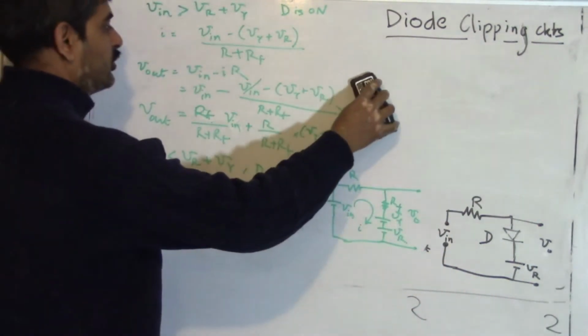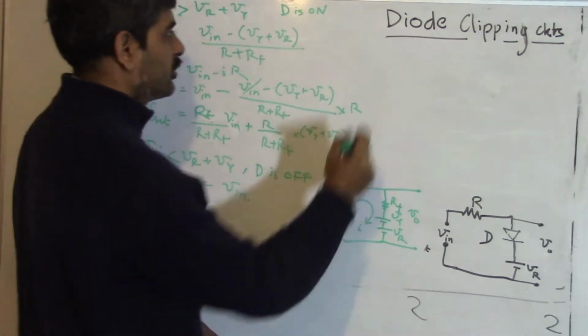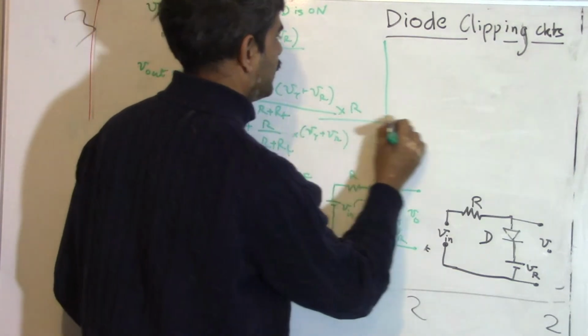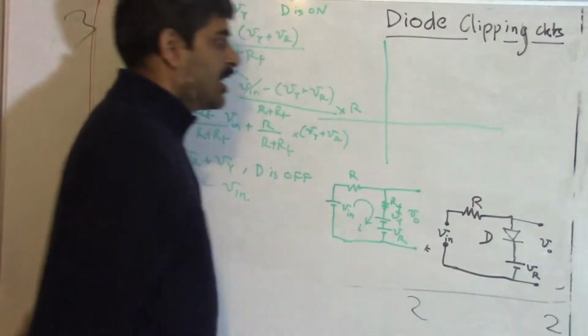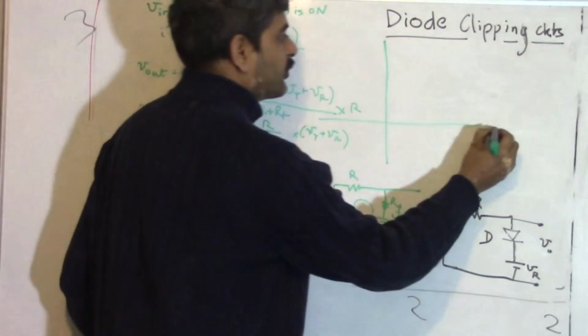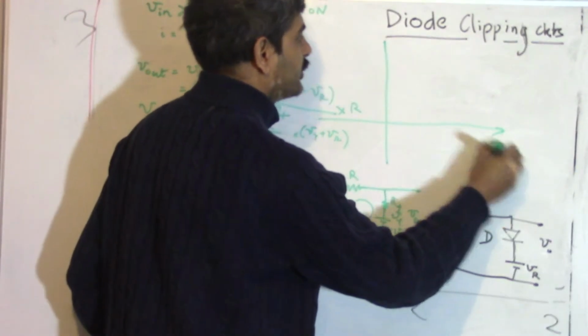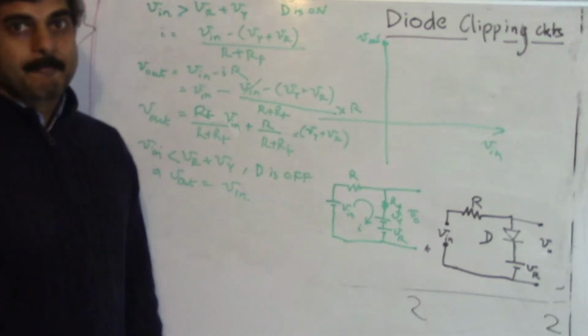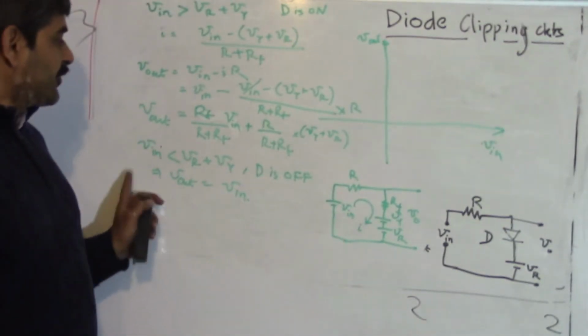Let's look at this curve here, which I plotted like this. This is the input voltage, we call it V in, and this is our output voltage, V out, on the y-axis. Let's take the simpler one first.